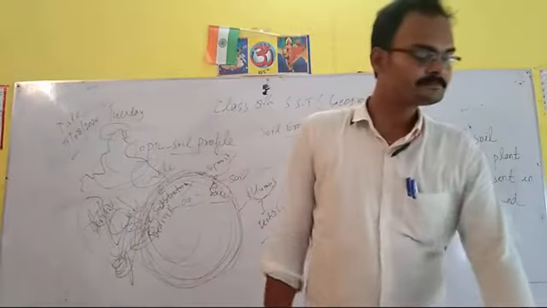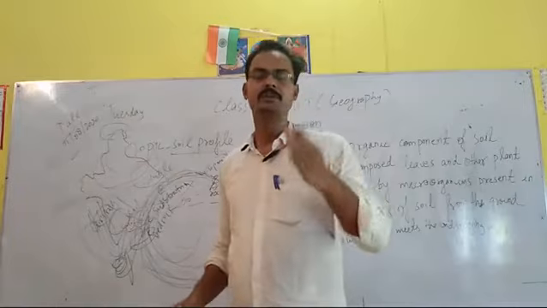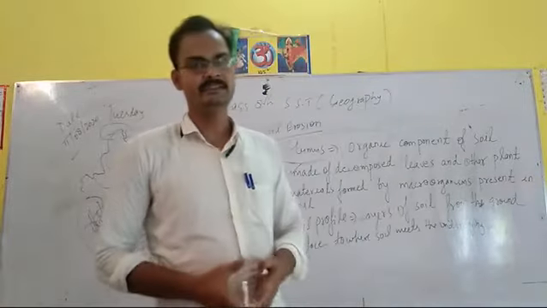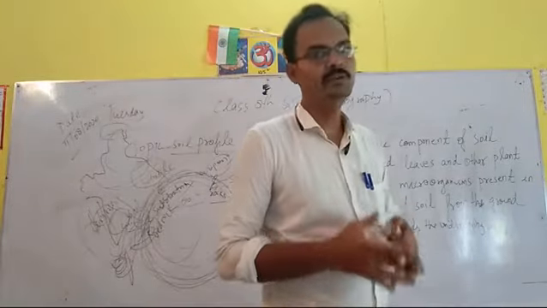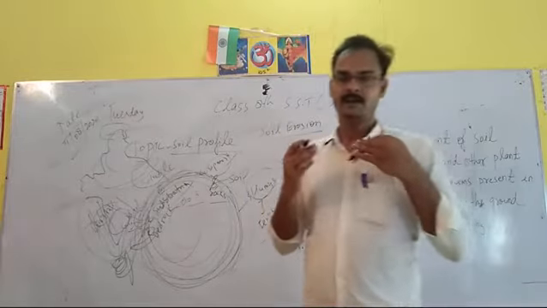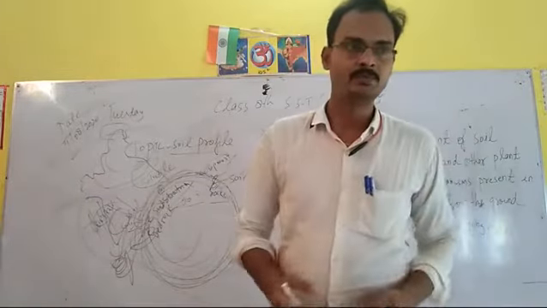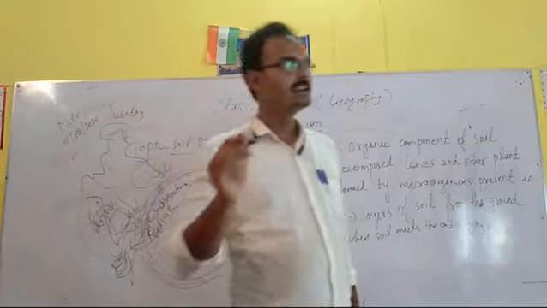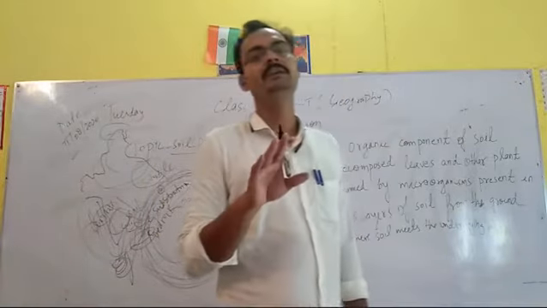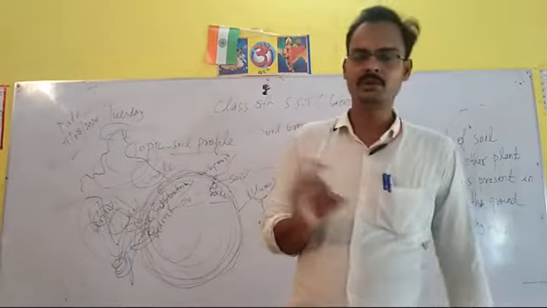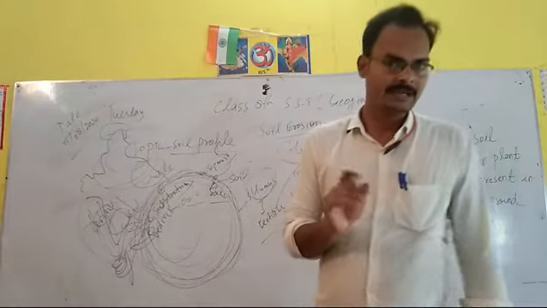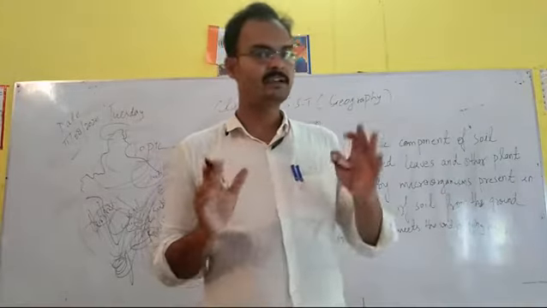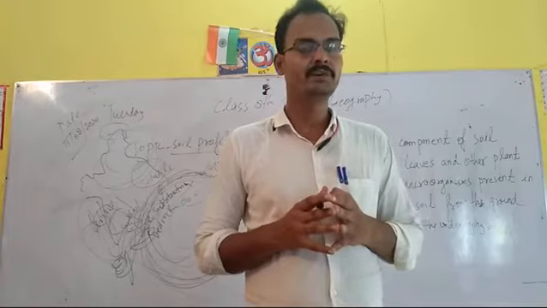So students, if there are plants, soil erosion will decrease. If we do afforestation, if we do plantation of more and more plants, the topsoil will not be removed. That's why afforestation and plantation are promoted from the government side.